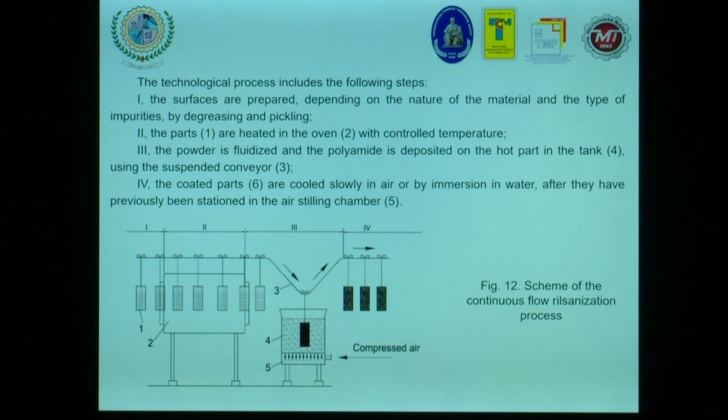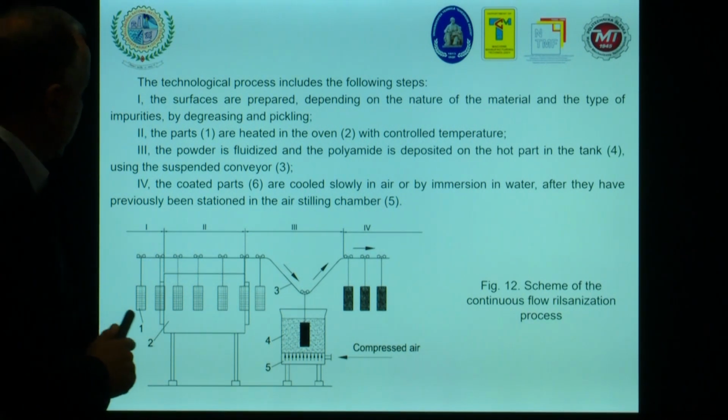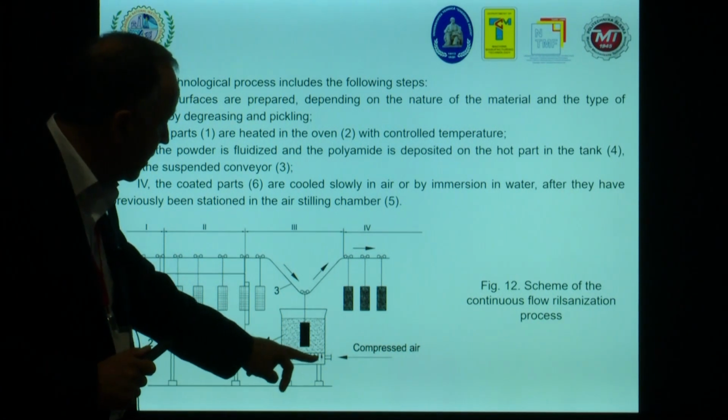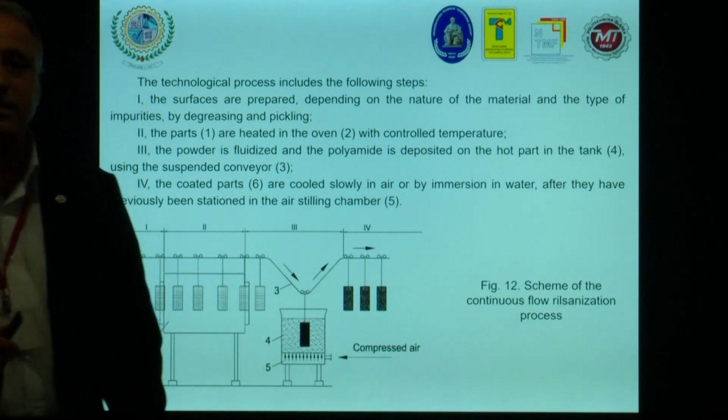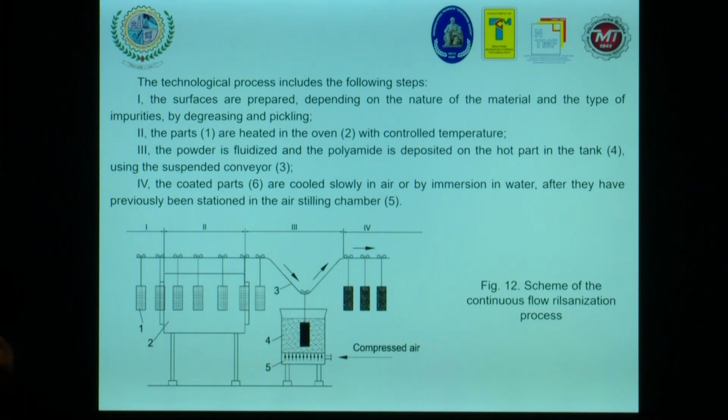We can also use water as a cooling system. But before this, the part must stay a little time in the stilling chamber number 5, and afterwards go through to the atmosphere or maybe water.